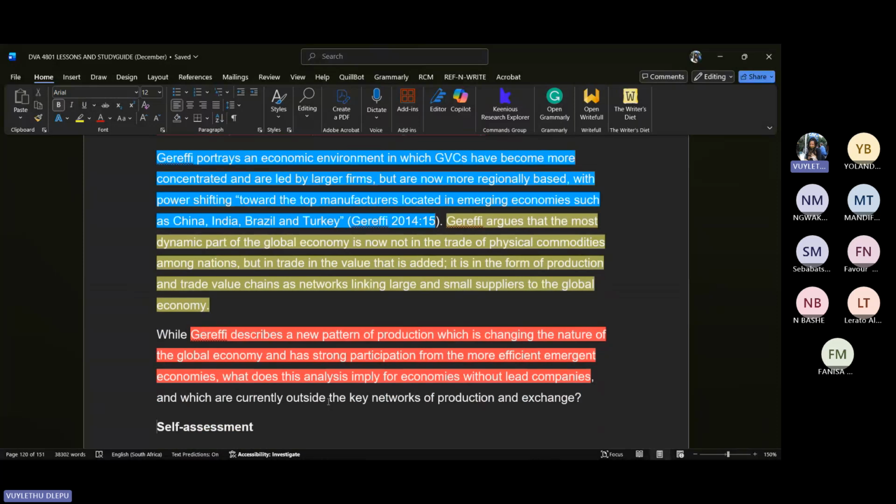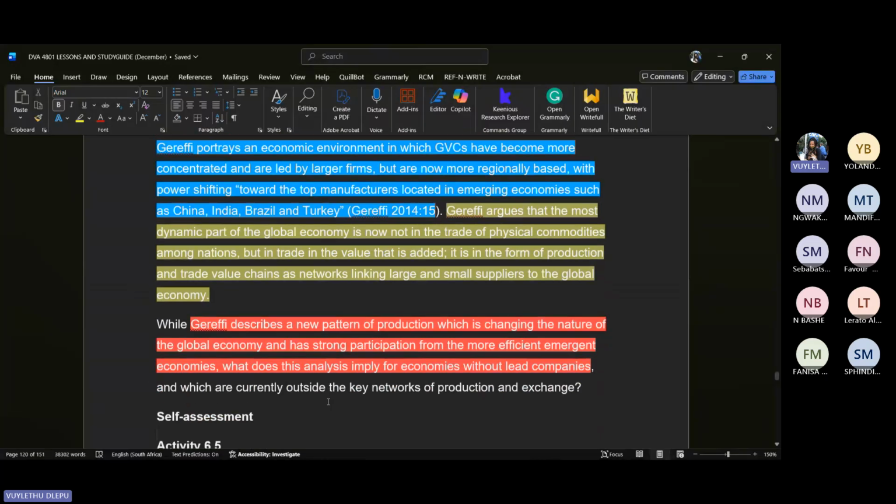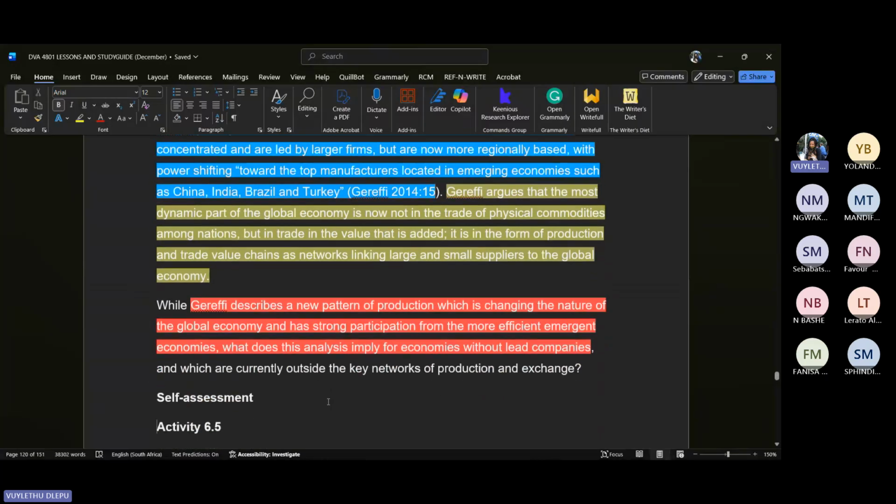What does this analysis imply for economies without lead companies and which are currently outside the key networks of production and exchange?